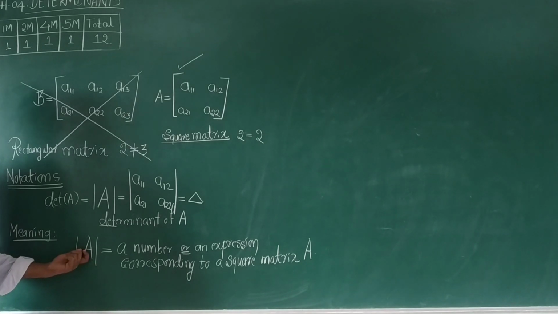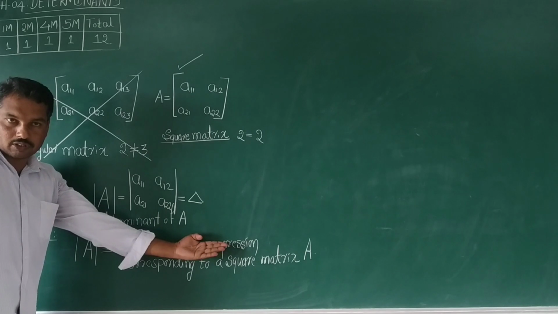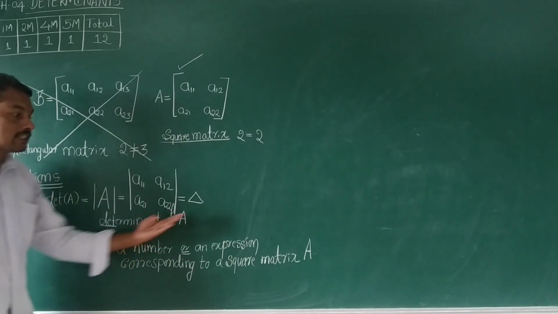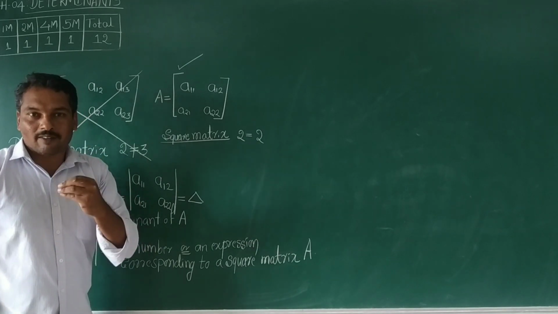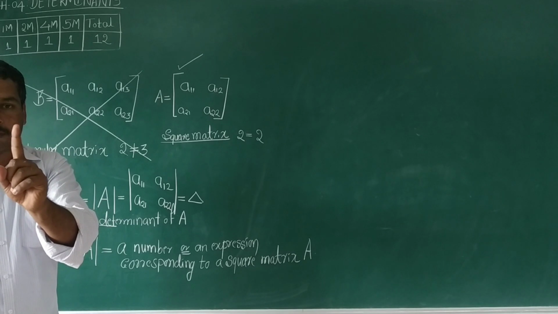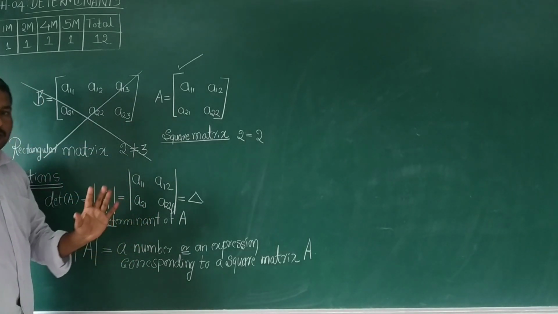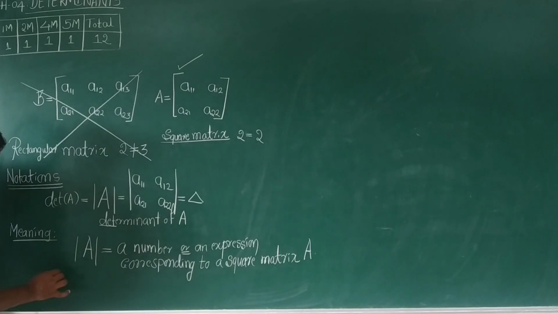Determinant of a square matrix is nothing but a number or an expression corresponding to a square matrix. It means determinant is defined for a square matrix and it gives us a real number corresponding to that square matrix. So therefore, by the meaning of this notation, I can list these 2 statements.